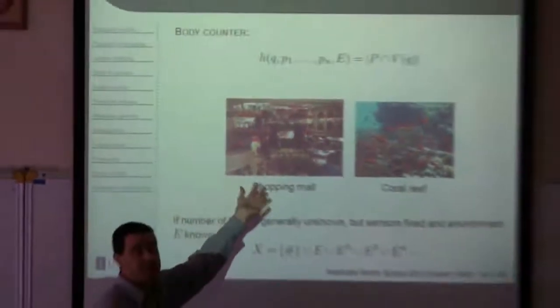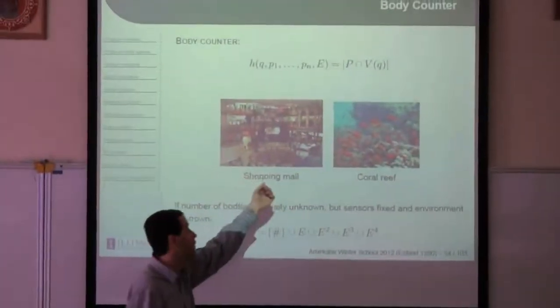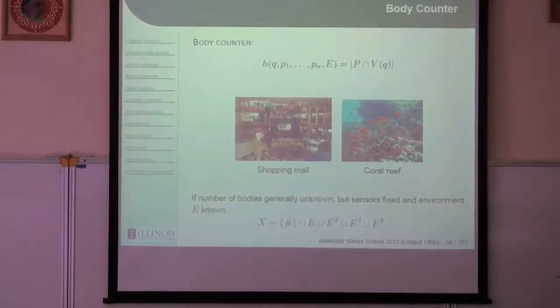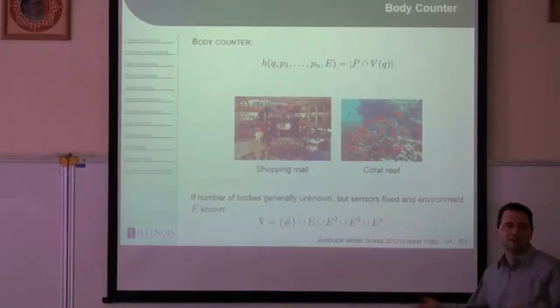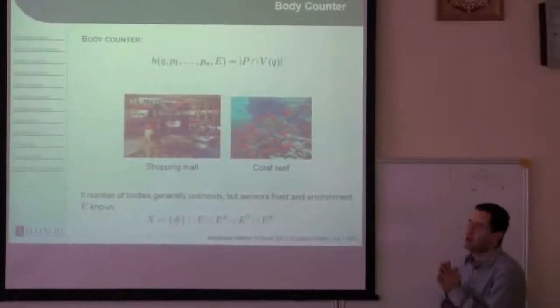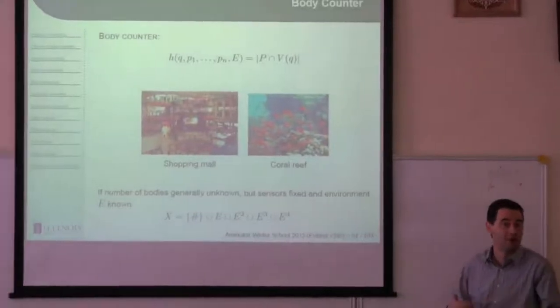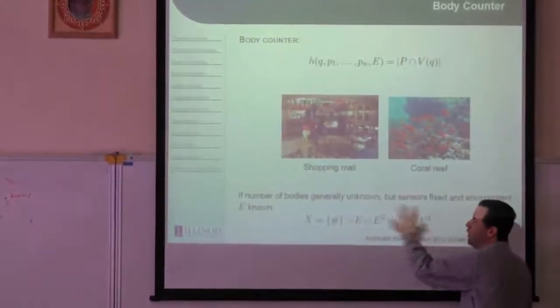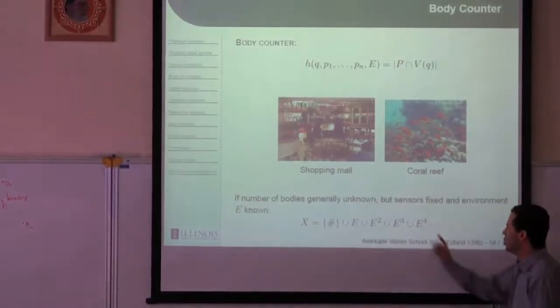This makes the state space a bit more complicated, because I might not know how many bodies there are a priori. It could be helpful, for example, at the shopping mall. I want to count how many people there are. Or maybe in analyzing wildlife, I want to count the numbers because I'm trying to study environmental safety or something, and I'm trying to figure out whether or not the population is going up or down. The state space gets a little weird for that, because it's like a Cartesian product.